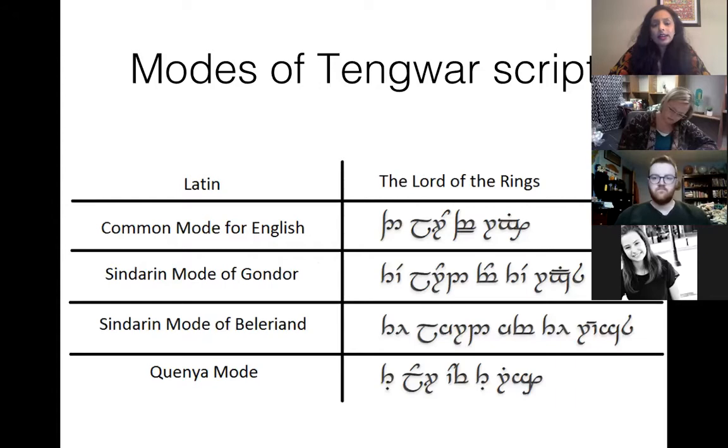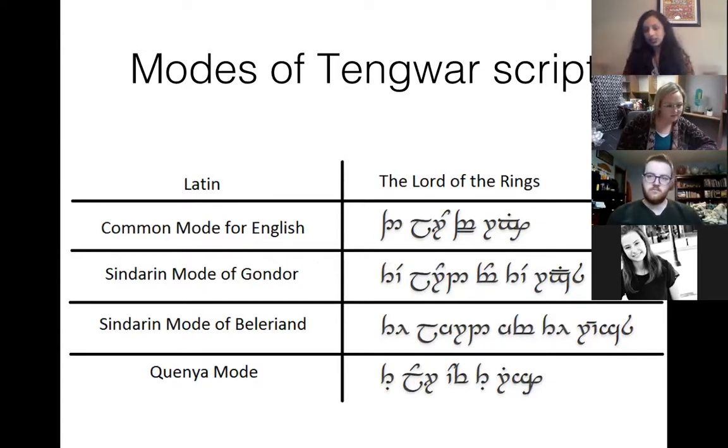The other interesting thing about the Tengwar script is that you also have different modes of it. It's called the common mode, the Sindarin mode, or the Quenya mode. And depending on the geographical location in which that particular Elvish is spoken, the script actually changes, and the words actually change.